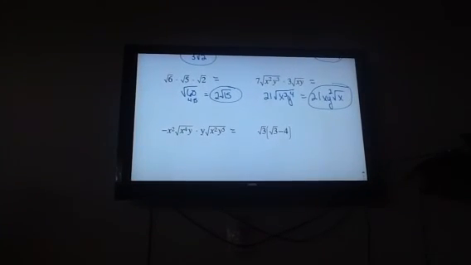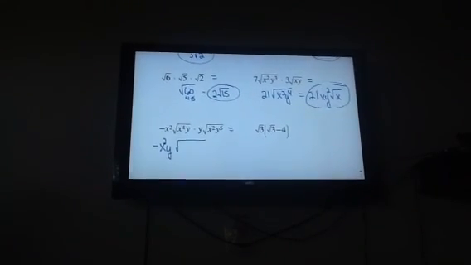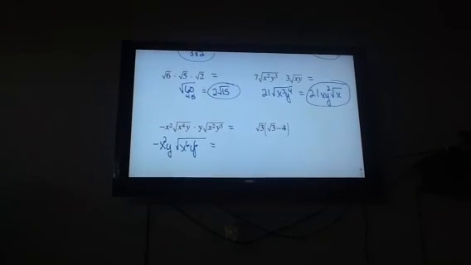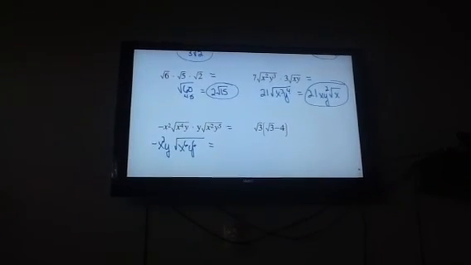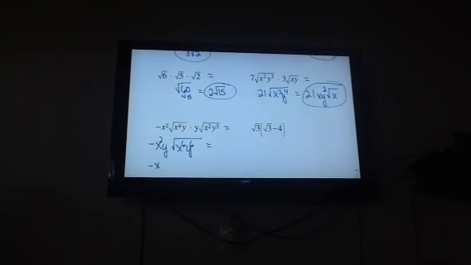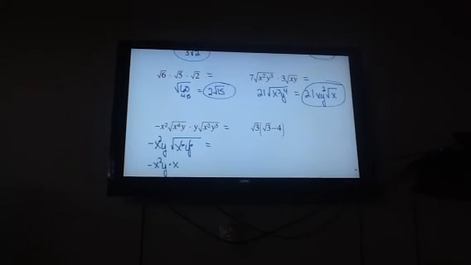So let's multiply on the outside. Negative x squared y. And on the inside, x to the 6th, y to the 6th. I'm going to do this in a 2-step. 2 goes into 6 evenly, 3 times, none left over.